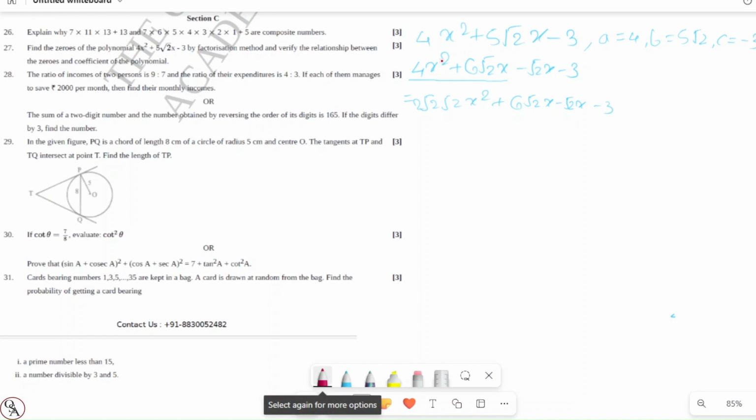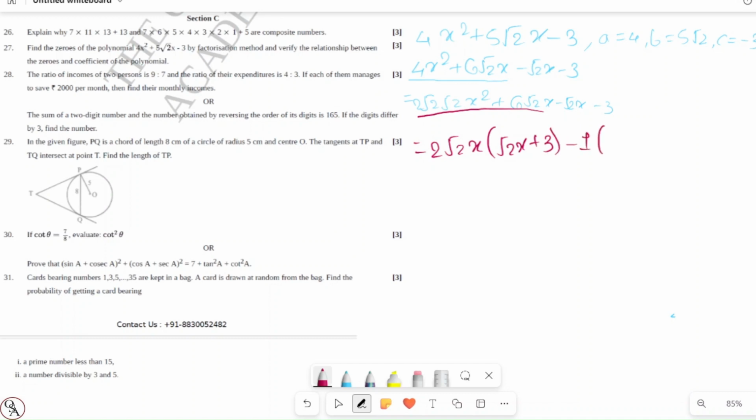From the first two terms, what will I get common? If you check, if I take 2 root 2 x common, then what I get inside is root 2 x plus 3, because 2 threes are 6, and we already took root 2 x common. From here we take minus 1 as common, and inside we get root 2 x plus 3. Students, if you check, we got the similar term in the bracket, which we take common here, and the remaining terms we keep in another bracket.